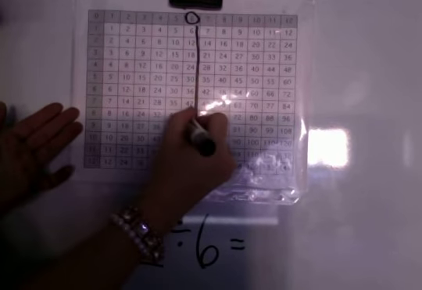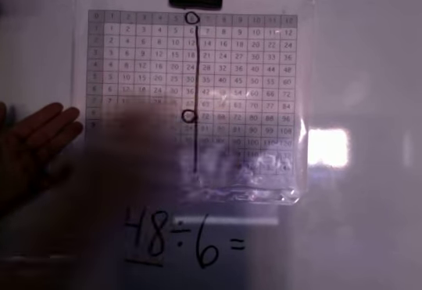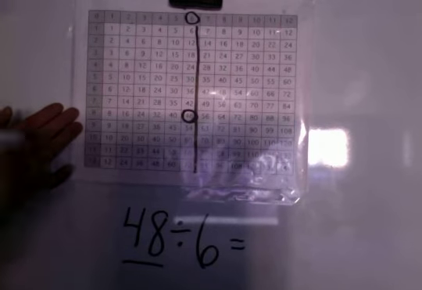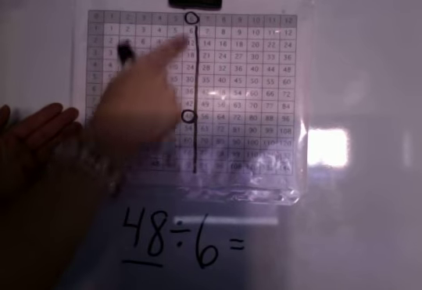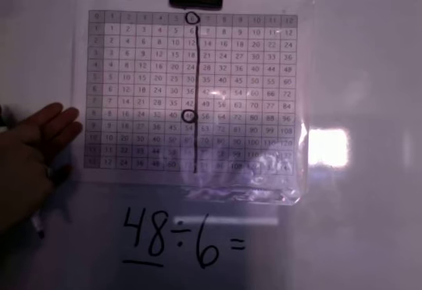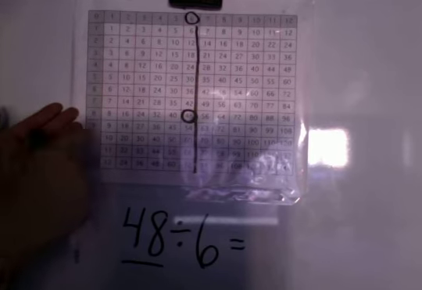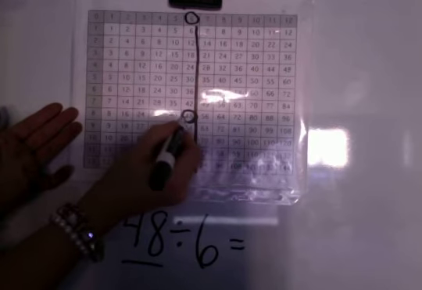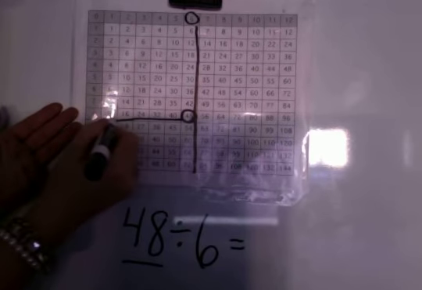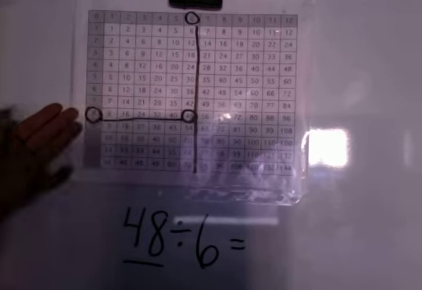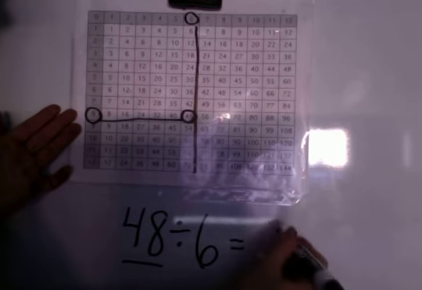My number 48 is right here. So there's my 48 divided by 6. But now I'm looking for, where is it over here? So draw a line going over this way, and what number do we land on? 8. Very good.